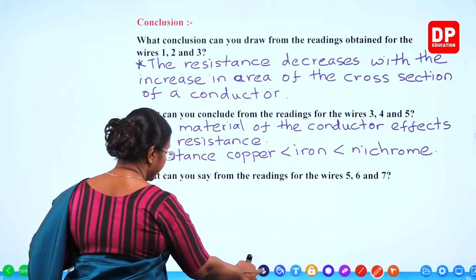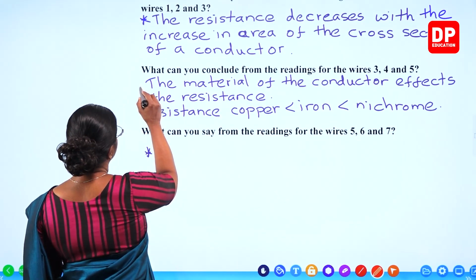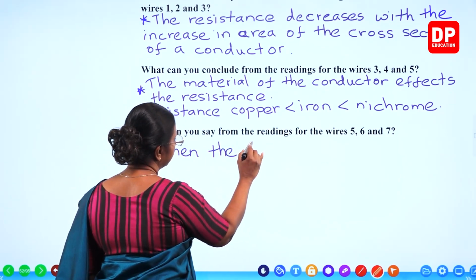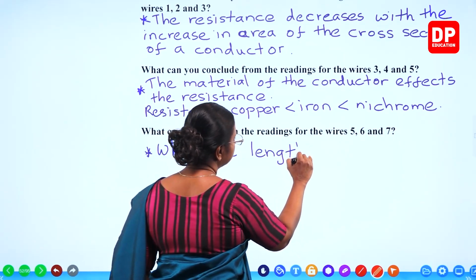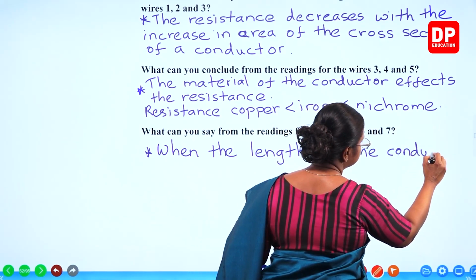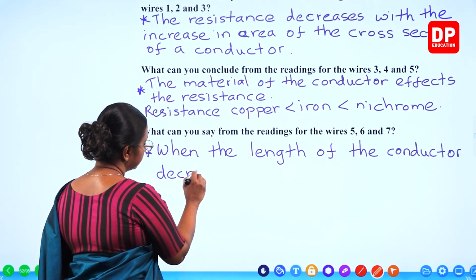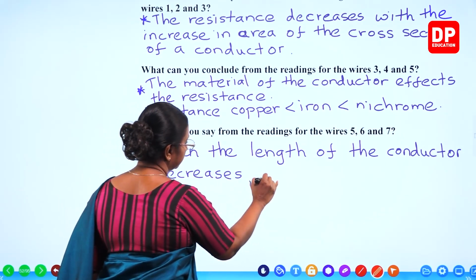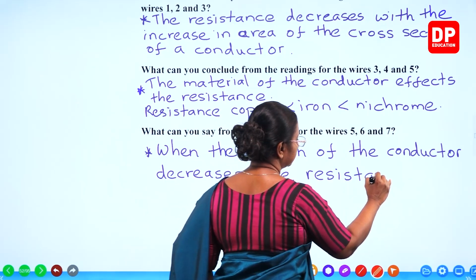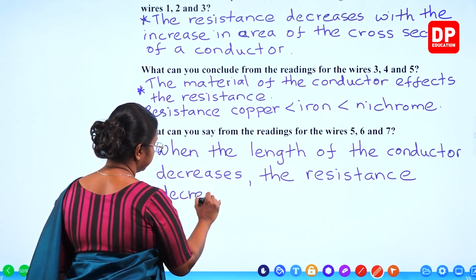So we can say when the length of the conductor decreases, the resistance decreases.